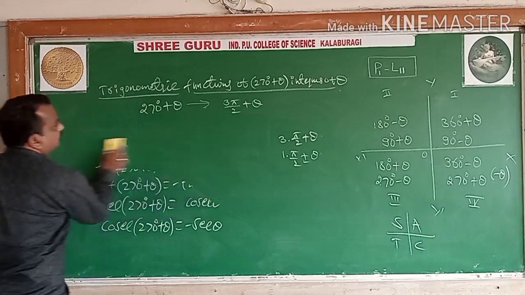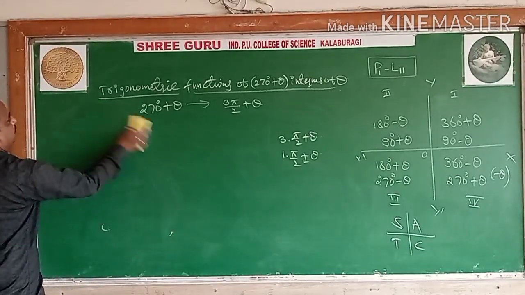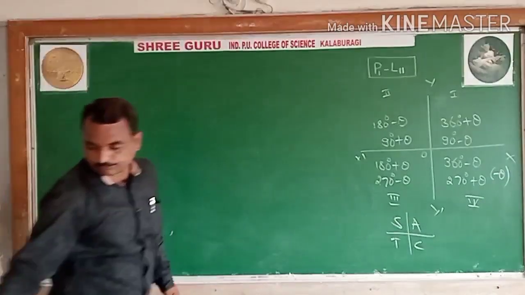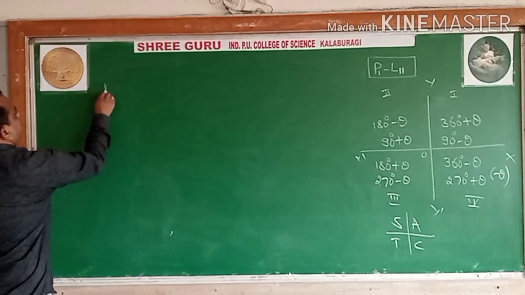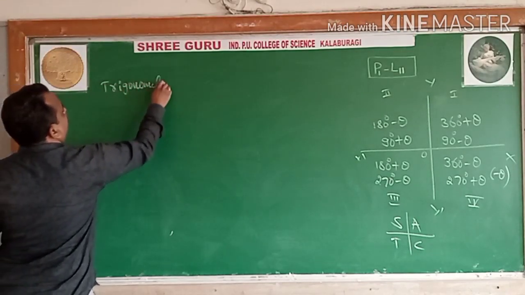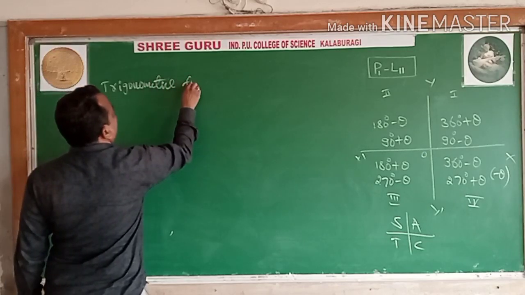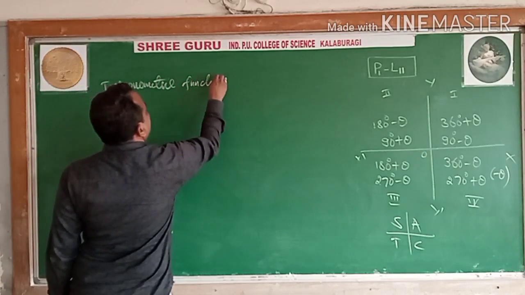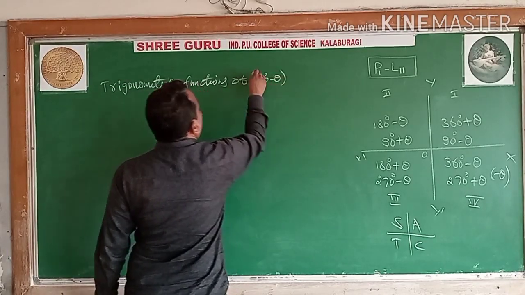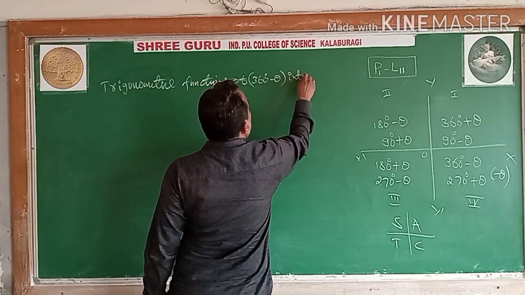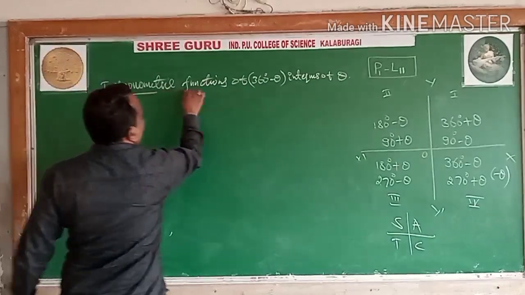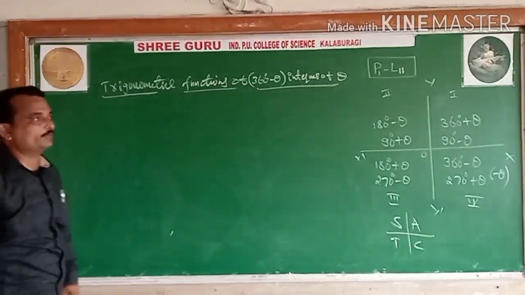Now, 360 minus theta: trigonometric functions of 360 degree minus theta in terms of theta.